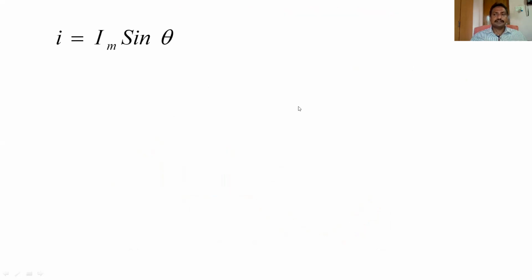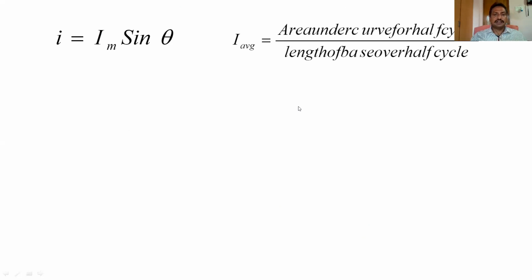From this, we know that I is equal to Im sine theta. So I average is equal to area under half cycle divided by length of base of half cycle. The area under half cycle is the integral from 0 to pi of I d theta, and the length of base is pi.